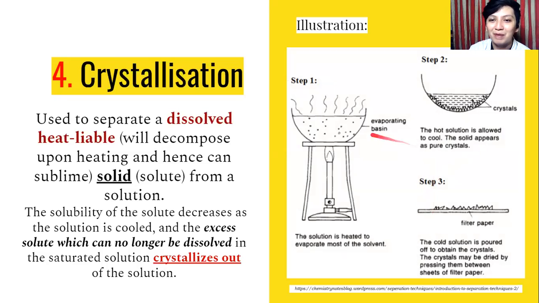So we have here evaporating basin. So you will see the crystals at the bottom, it's forming already. And then in step 3, in the filter paper or sometimes in a container, the crystals are being left behind. Okay, so that's what we call crystallization. Sometimes you can see this example when you have fish sauce at home, yung patis natin.